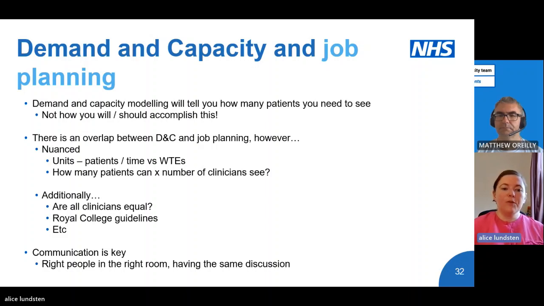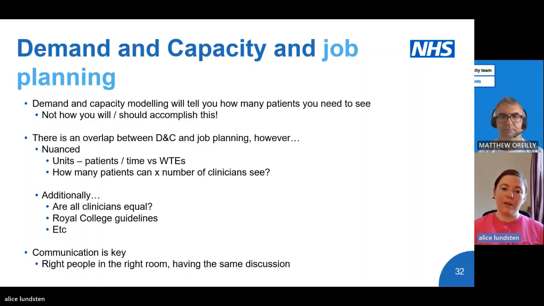So in terms of job planning, you're going to be looking at the available capacity and required capacity and understanding all of that. And for a lot of people, that will lead to wanting to look at job planning and potentially changing job planning. There's a massive overlap between demand and capacity work and job planning work, because often it's, okay, so what? We've done this, and now what do we do?